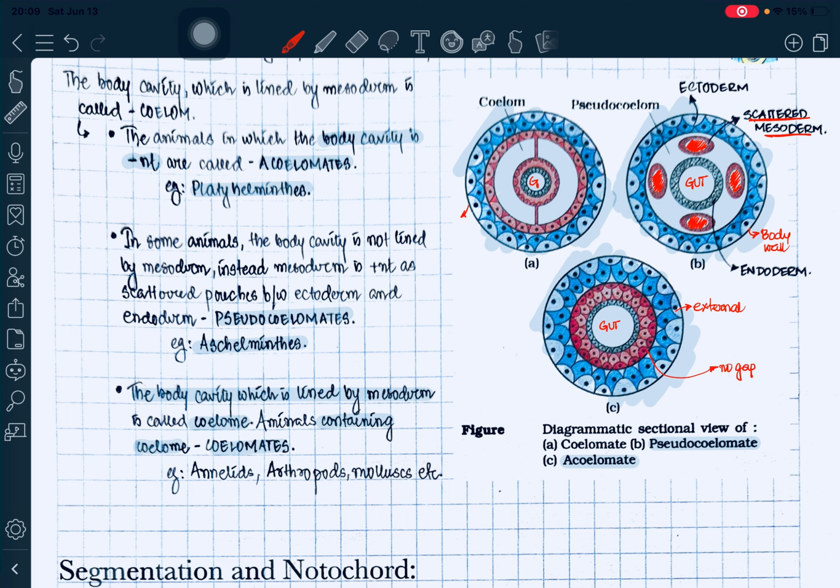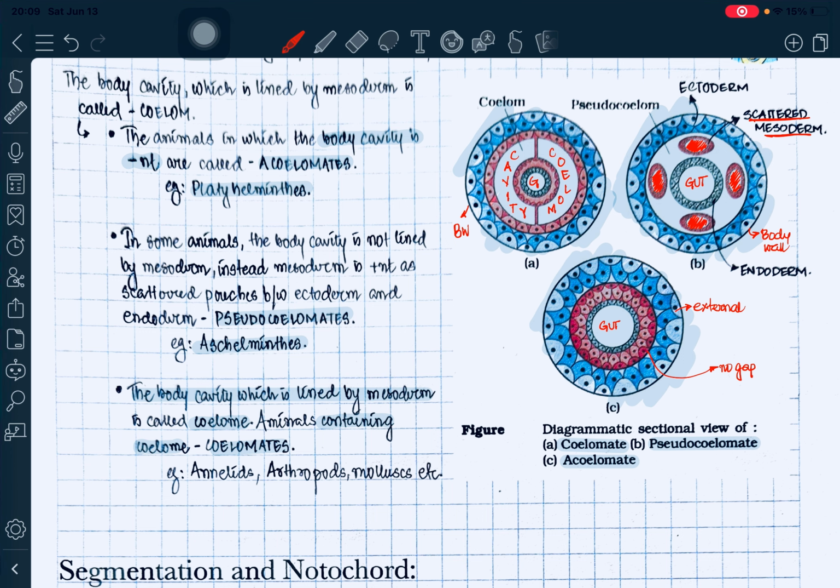Here we have the body wall, and in between them we have this cavity called coelom, right? So these categories of organisms will be called coelomate organisms.